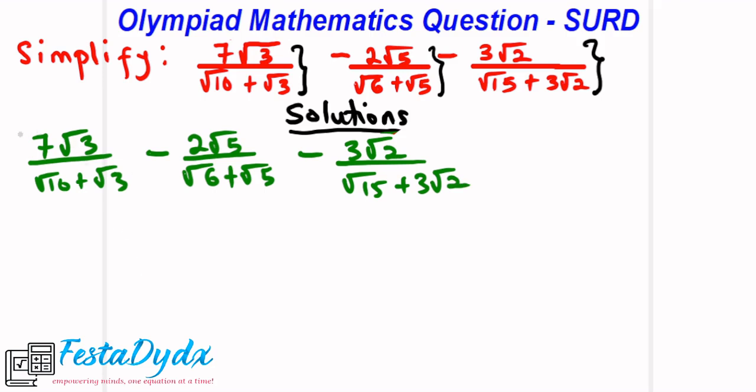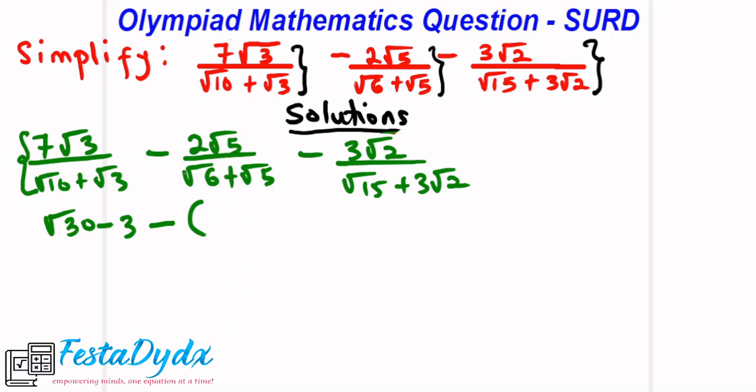So when we rationalize this, we got root 30 minus 3. Then minus, let's put whatever answer we get in brackets because of this minus sign here. It's actually going to affect our answer. So we have to put it in brackets so we actually solve it the right way.